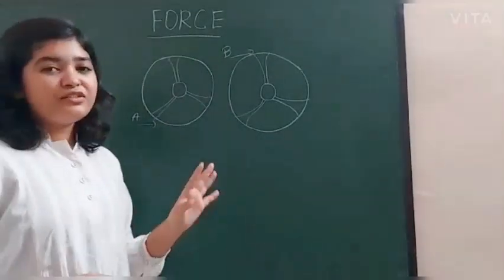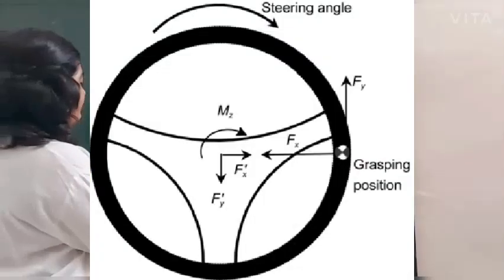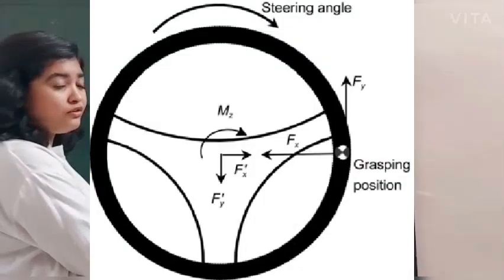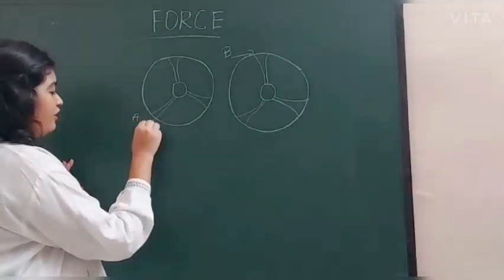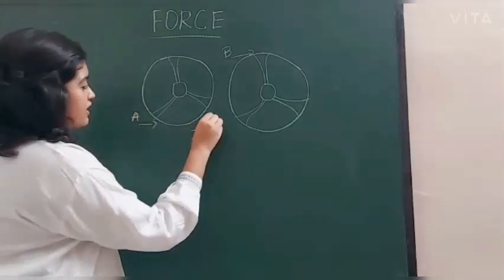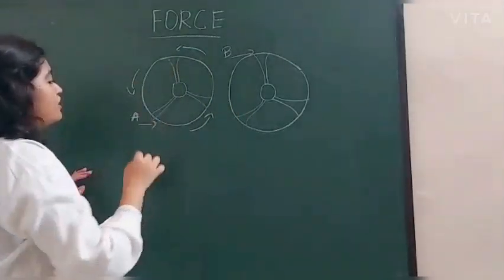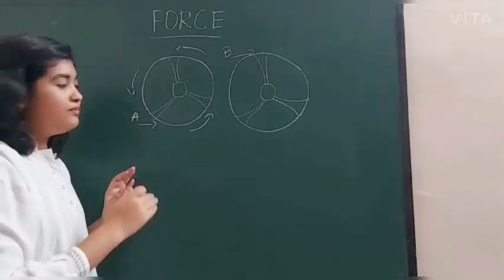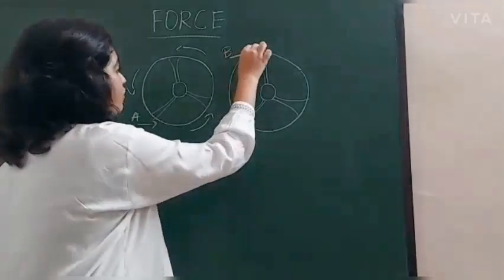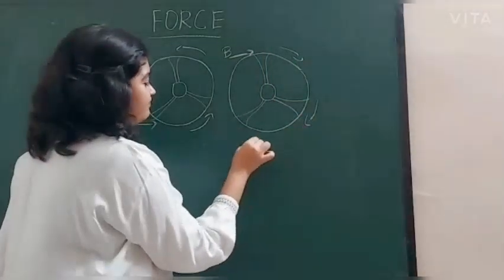Now we have the example of a steering wheel. In this first figure, when we apply a force through A, it moves in an anti-clockwise direction, so it is in positive direction. And if we apply the force through B, it moves in a clockwise direction like this.